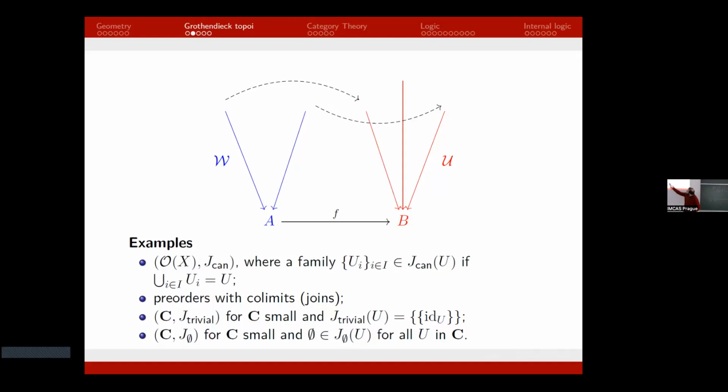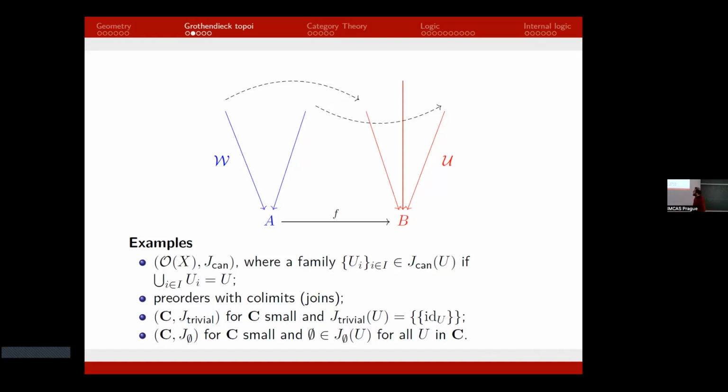And of course, if we substitute O of X by any preorder and every union with the joins, which would be the colimits in this category, then we can obtain the same. So this is already a smaller generalization.